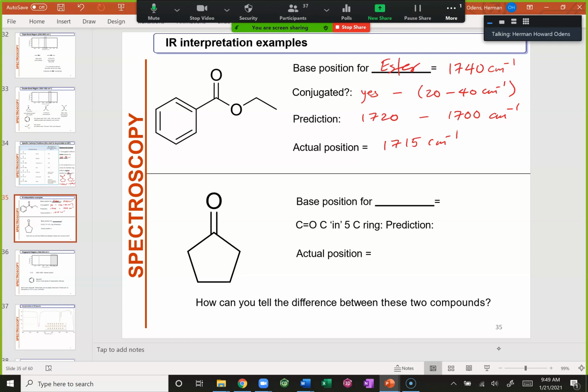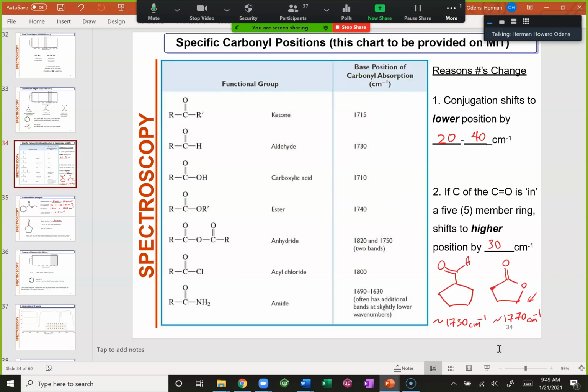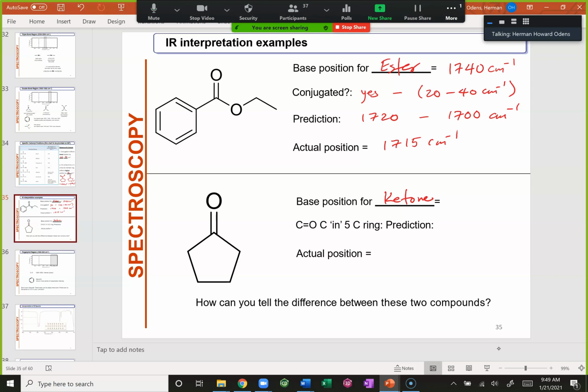Here we have, what kind of functional group is this? This is one of the easiest ones to spot. Ketone, very good. So it's a ketone. And so what will be the baseline number for that? The baseline number is the first one on the top, 1715.